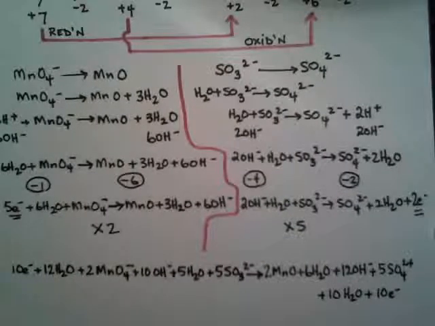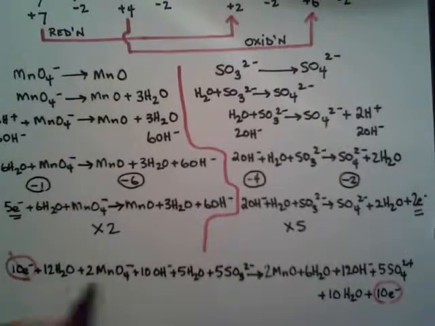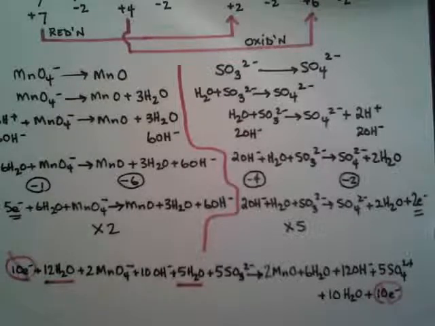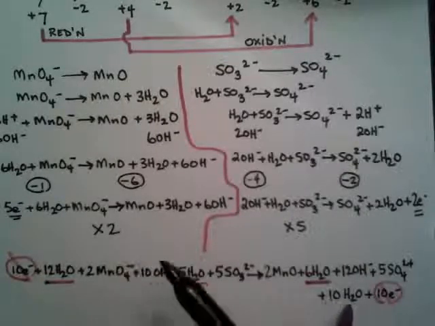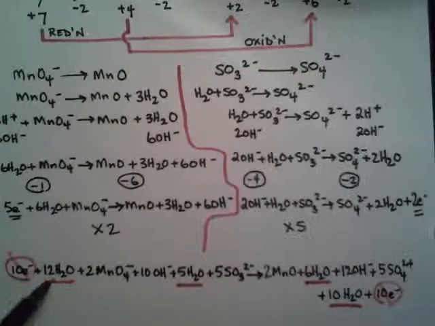So it's a monster equation. We'll try and simplify it now. So my 10 electrons and my 10 electrons will go away. Cancel those. Let's underline everywhere where we have water. I have 12 here and 5, so I have 17 waters on the left. And I have 6 and 10, 16.